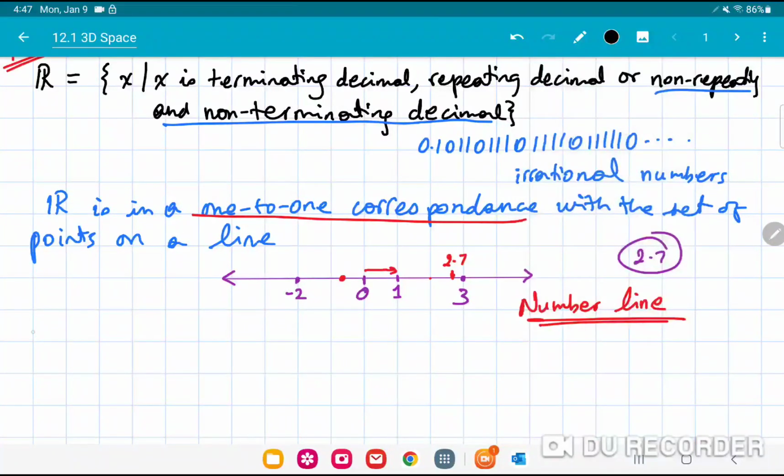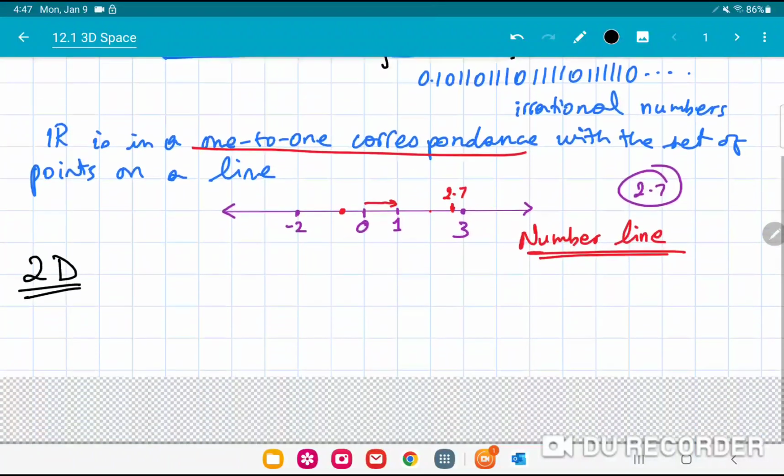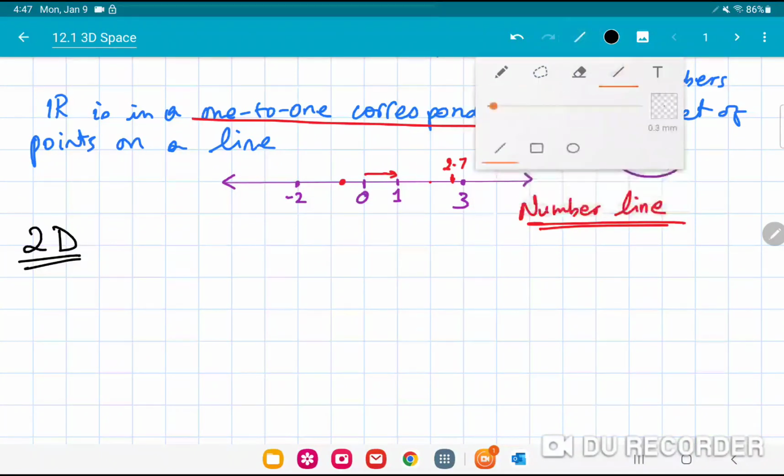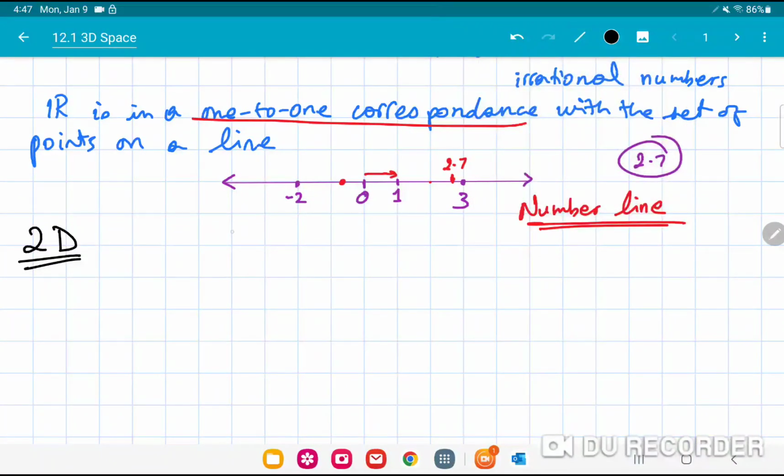Okay, we can move up to 2D by creating two lines on the plane, conventionally but conveniently perpendicular lines. Okay, conveniently, I'll tell you the convenience here.